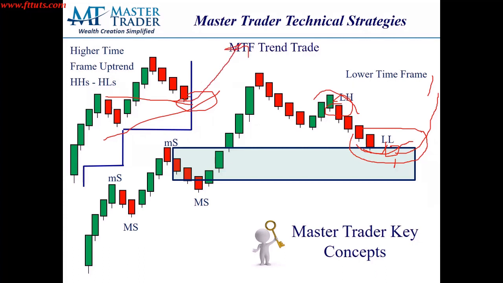And when prices are in an uptrend, the assumption is that the trend will continue. That's part of what we assume when we look at uptrends, that they'll continue until they stop, and downtrends will continue until they stop.